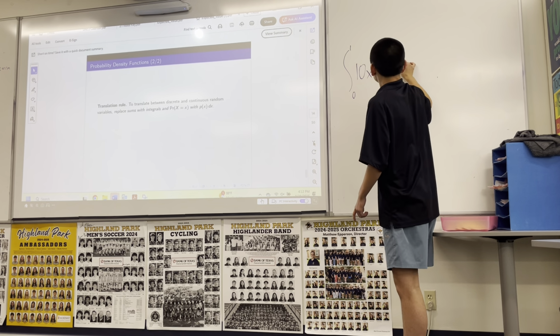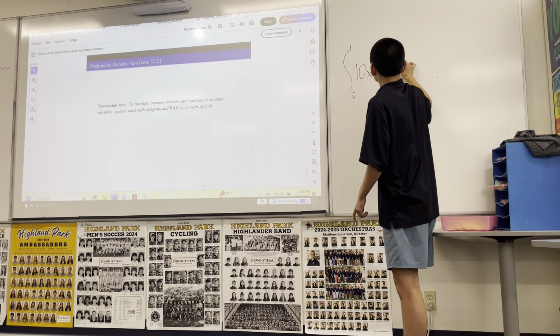Okay, so now we just need to say that the expected value of x is equal to the sum over all x of x times the probability of x. I will write the equivalent formula. This is when x is a discrete random variable.